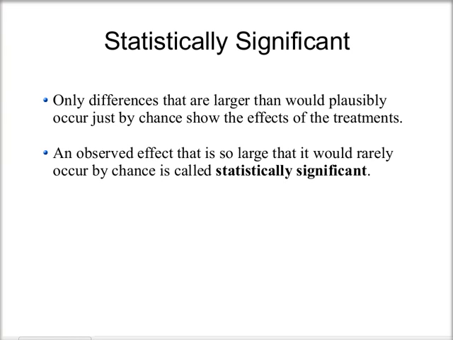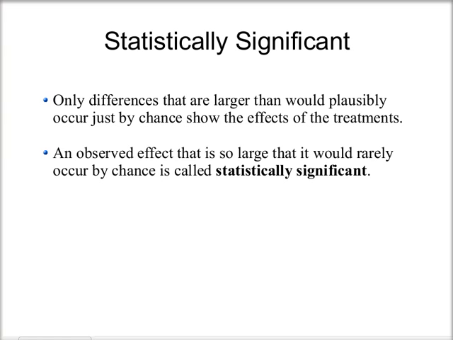An observed effect that is so large that it would rarely occur by chance is called statistically significant. So in our example of the students in the two different courses, if the scores of the online students on the test were on average 3% higher than the scores of the students in the classroom, then that might not be statistically significant.